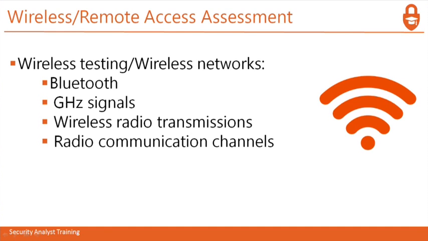All of them that have Bluetooth enabled can be put on your Bluetooth network, right? Bluetooth is a simple and easy way to communicate among various computer devices. The radio communication channel is a fast fading mobile radio channel. Other common uses are gigahertz signals, wireless radio transmissions, and radio communication channels. Those could be other wireless remote access assessment examples.